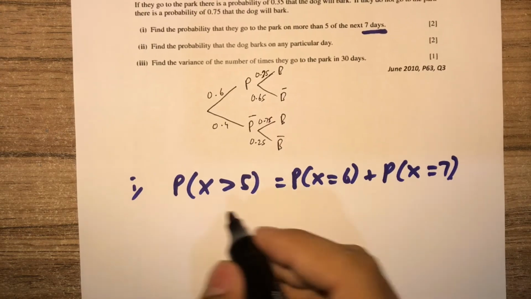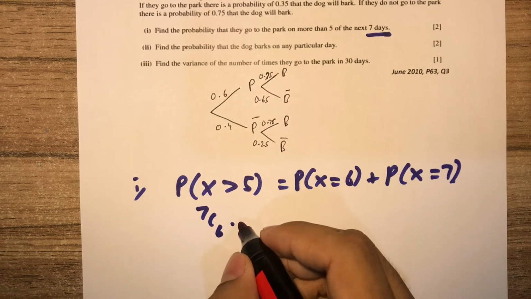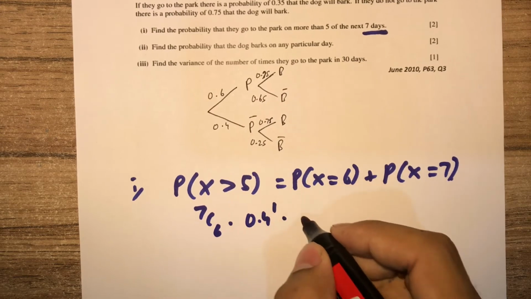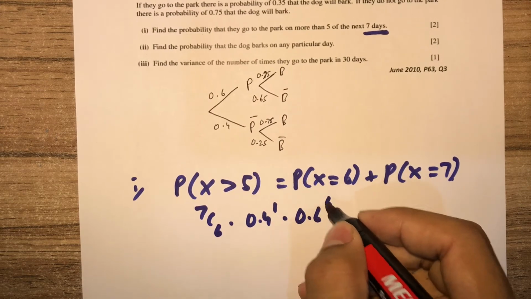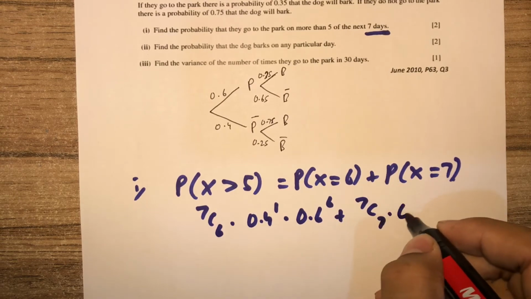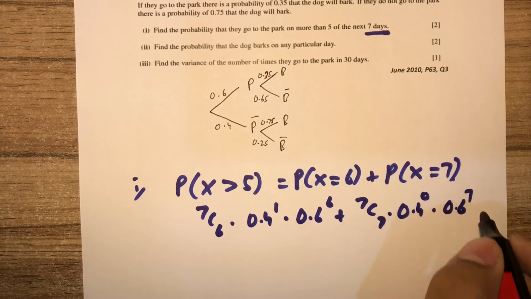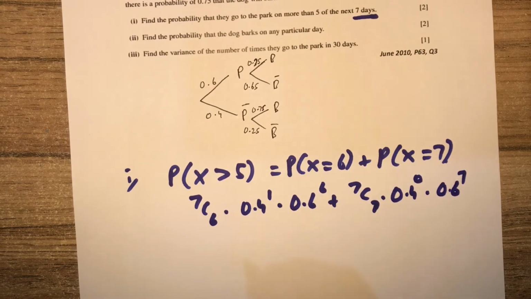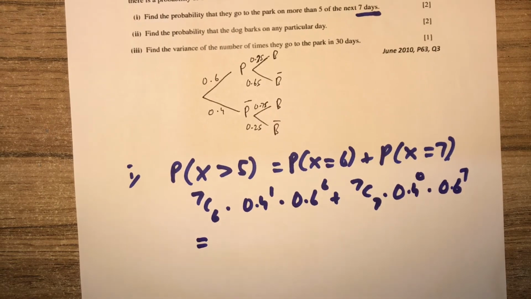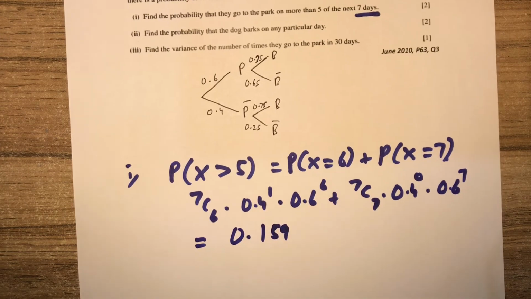So for 6, 7C6 times 0.4 power 1, 7 minus 6 is 1, times 0.6 power 6, plus 7C7 times 0.4 power 0, 7 minus 7, and then 0.6 power 7. So solving this, 0.159. This is the answer to the first part.